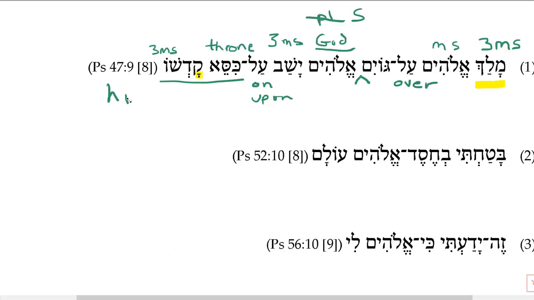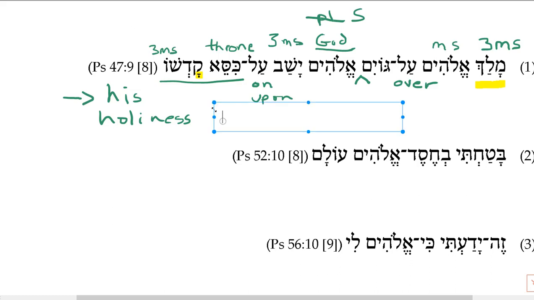This becomes His holiness, and we have that in construct with kisse. So kisse is the construct, kodsho is the absolute, and it's definite because it's got a pronominal suffix. So we have then the throne of His holiness.